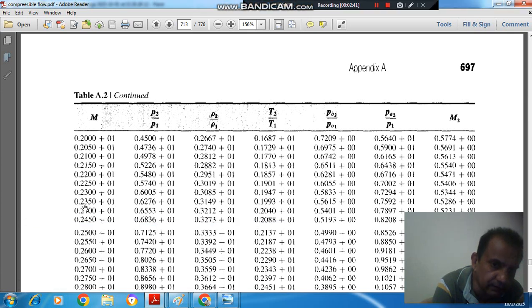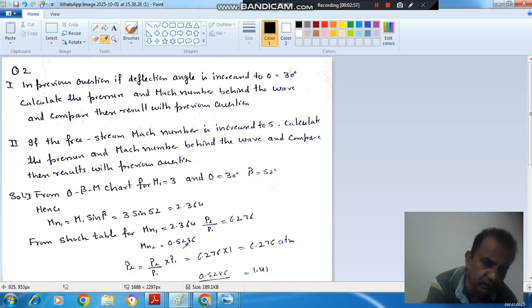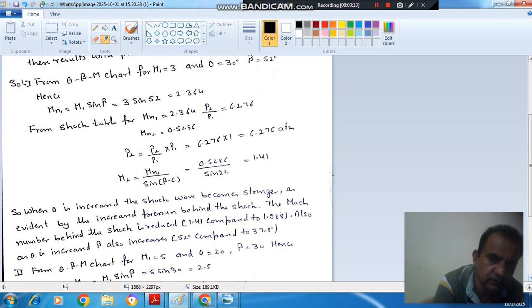So 2.35 is this, and corresponding to this we are getting approximately 0.5286 or 0.53. And the pressure ratio on the same line is 6.276. So the initial pressure is 1 atmosphere, so P2 will come out as 6.276.